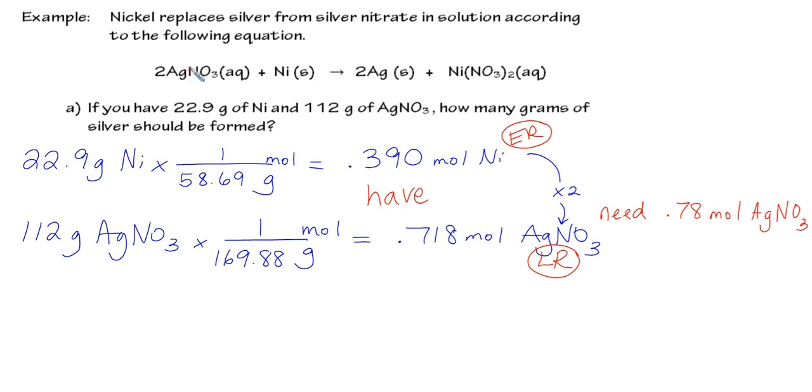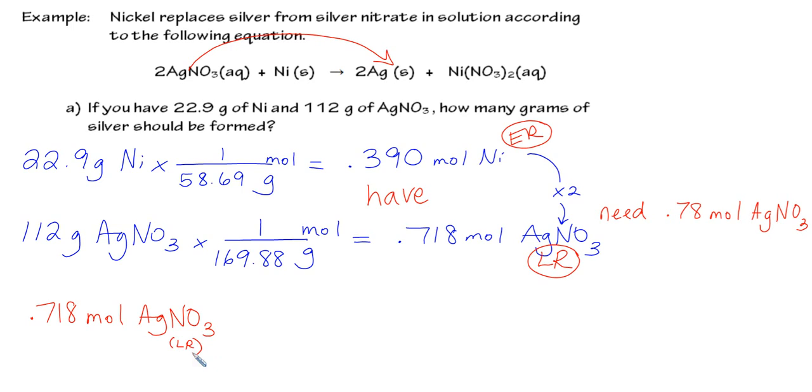We're going to go from silver nitrate to silver. So we set it up. We're going to start with the amount that we have, 0.718 moles of silver nitrate. It's always the limiting reactant, and it's always back to the amount that you originally had, not what you need.